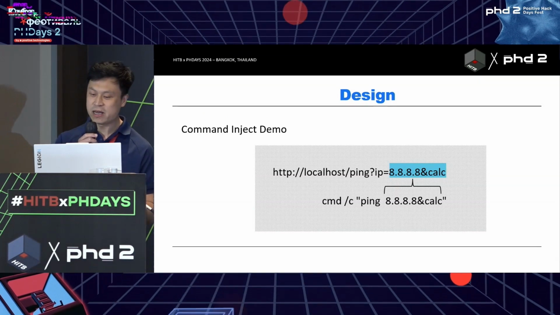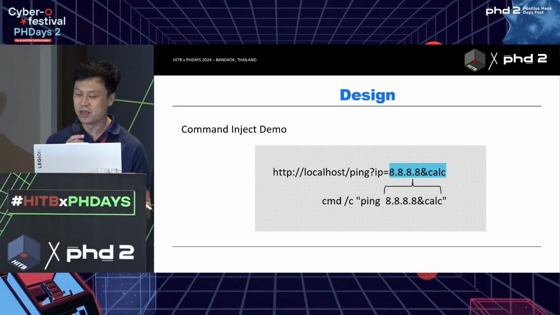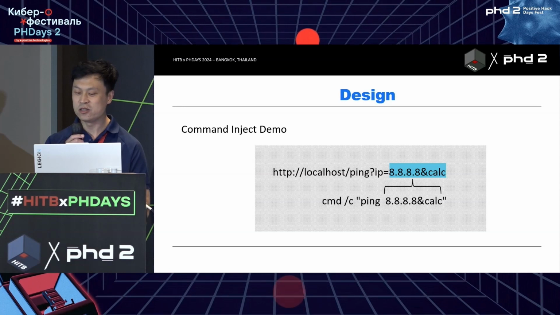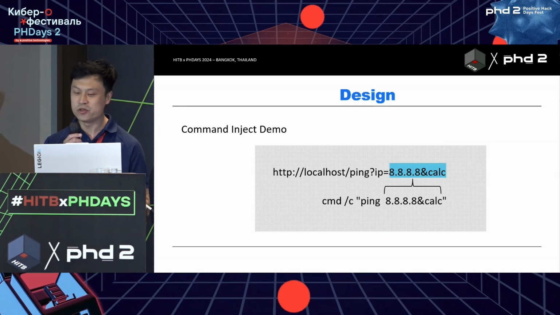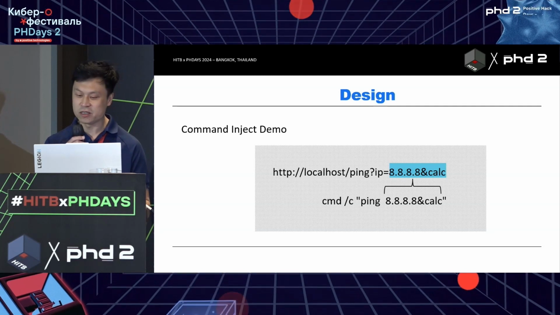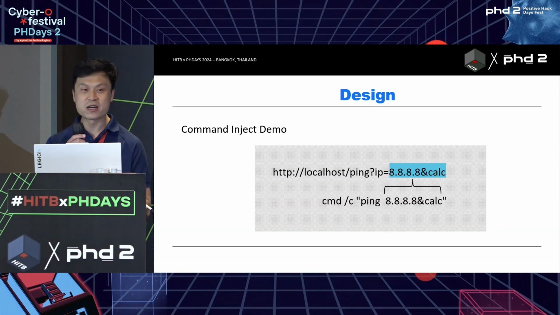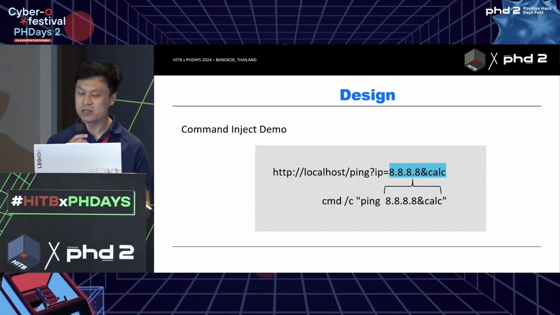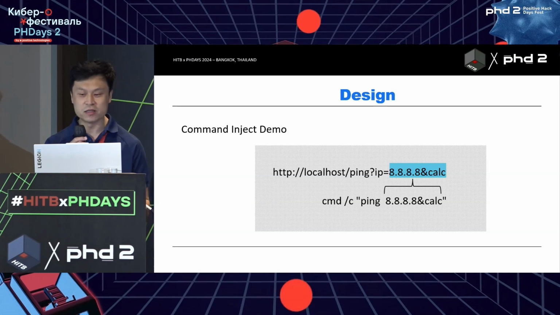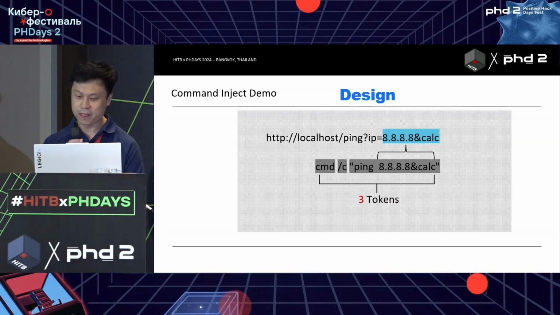This is another example, demonstrating a command injection vulnerability. In this backend code, cmd /c ping is concatenated with the user input IP address to check the network connectivity. In this example, the attacker inputs an IP address and calc. Due to the vulnerabilities in the backend application, after the execution of the ping command, the server will also execute the calc program.